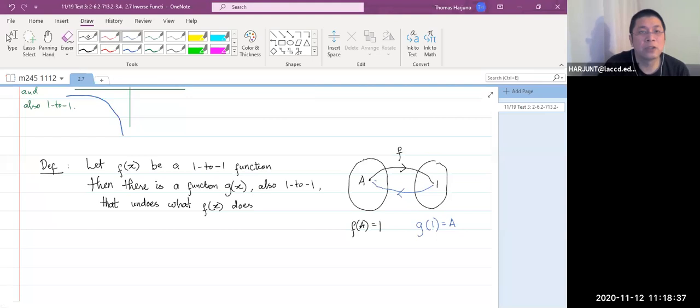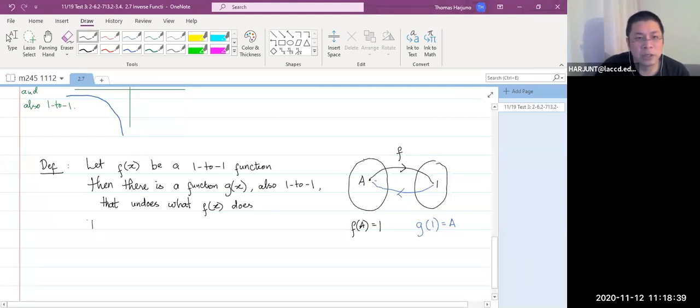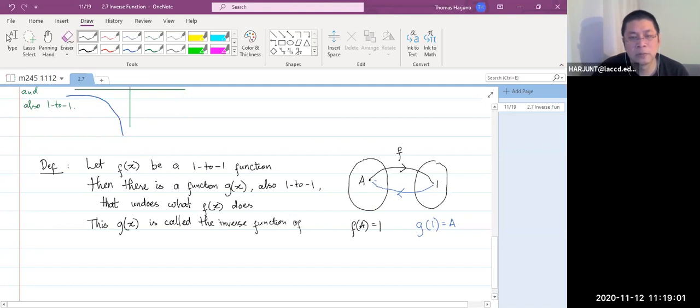Now this function g(x) is called the inverse function of f(x), and denoted f inverse of x.